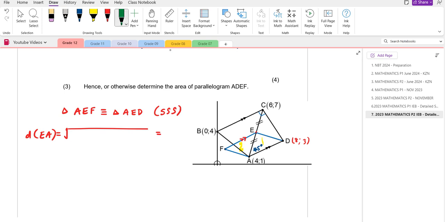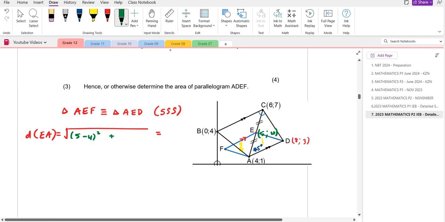It was a midpoint, so that's 5 and 4. So EA is 5 minus 4 squared plus, remember x2 minus x1 squared plus y2 minus y1 squared, and then 4 minus 1 squared. If I work this out, that's 9 plus 1, root 10.